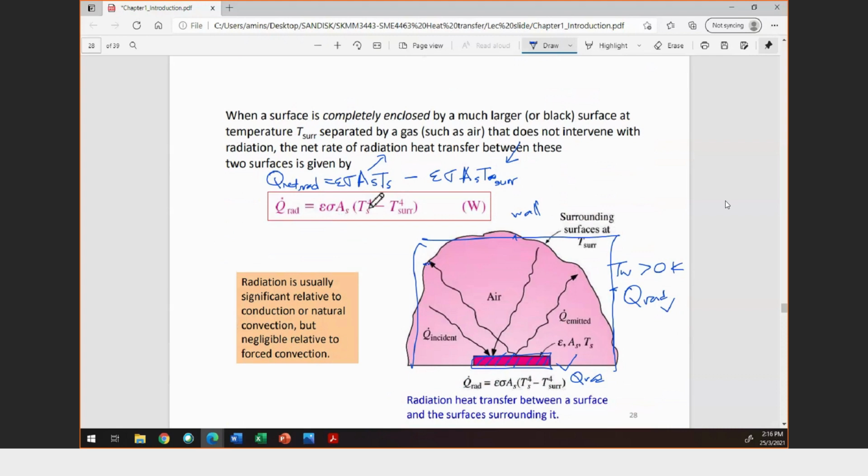surface, then you can use this equation, which gives the net radiation because you have more than one surface. So Ts for the surface minus T surrounding. Here we assume T surrounding is the wall temperature.